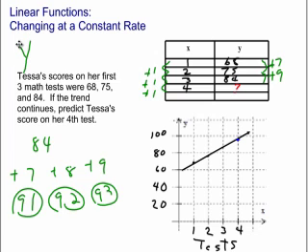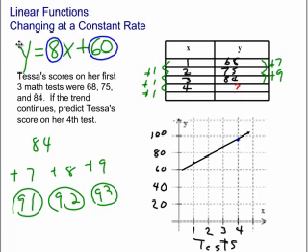So y equals 8x plus 60 is the function that will predict how Tessa is going to do on test number 4. Look at what this is saying. The rate of change or slope is 8. The y-intercept is 60, meaning basically start at 60 and for each test go up about 8 points.